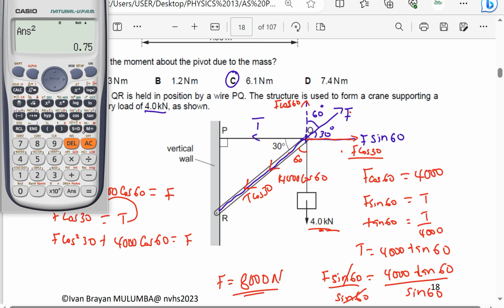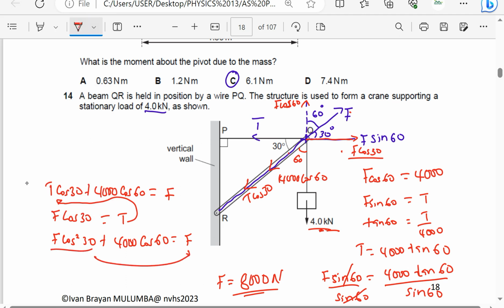So I'm going to take it the other side. So I will say 1 minus 0.75 because I'm taking this one the other side. So this is 0.25F. I have F minus 0.75F should be equal to 4000 cos of 60.